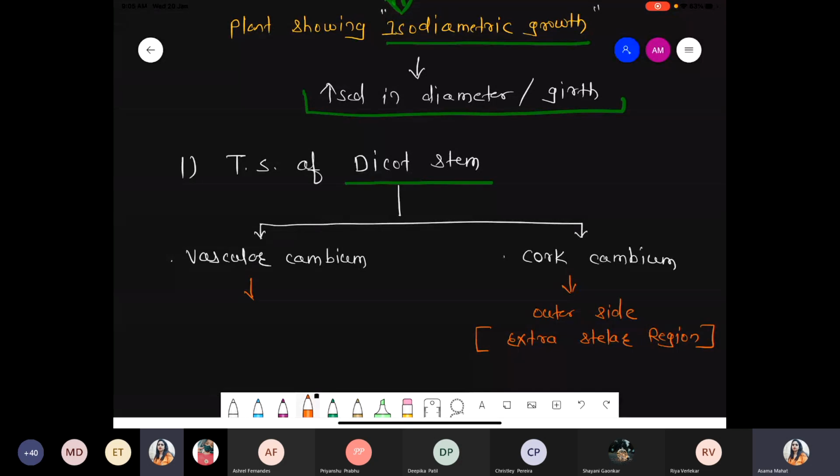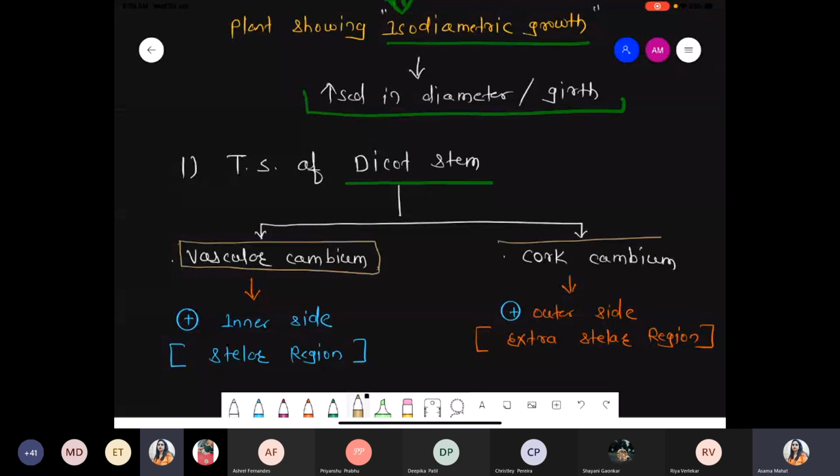Vascular cambium basically is present towards the inner side. Center में present होगा ये. And that inner side simply it is called the stellar region. So stellar is nothing but the central part. So we'll discuss two types of cambium, number one vascular cambium, and the another one cork cambium, with respect to dicot stem.